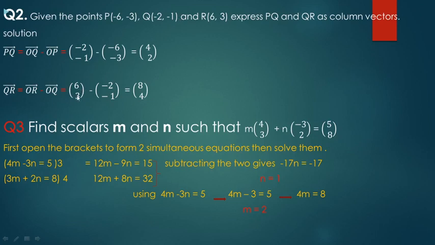So 6 minus negative 2: negative negative becomes positive, so 6 plus 2 gives 8. 3 minus negative 1 becomes positive, so 3 plus 1 gives you 4. So the column vector of QR is (8, 4).